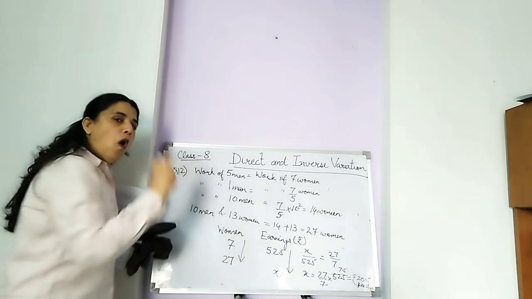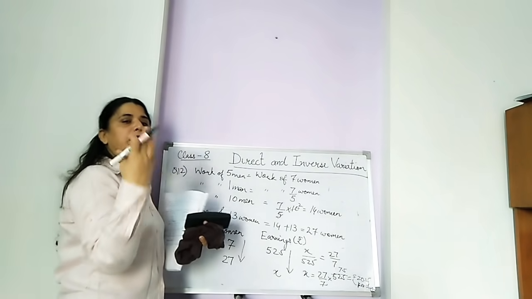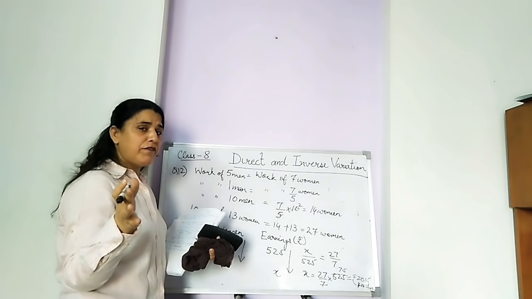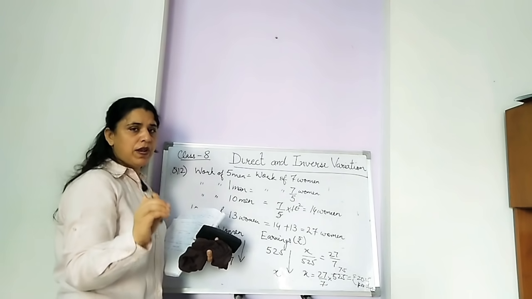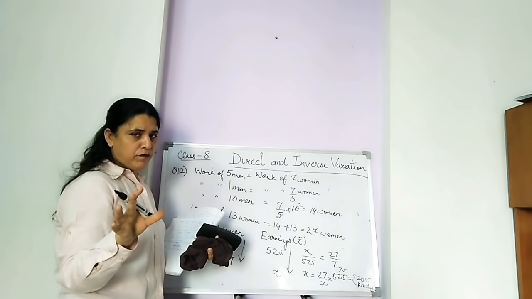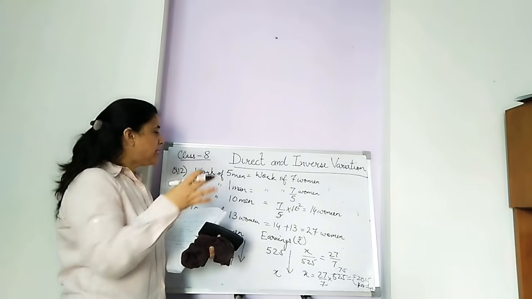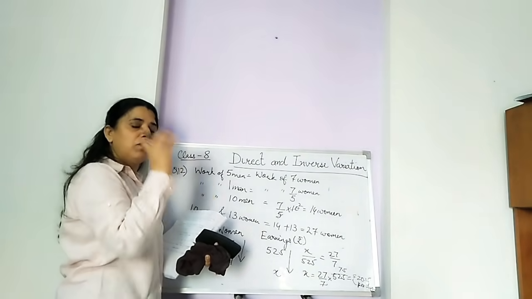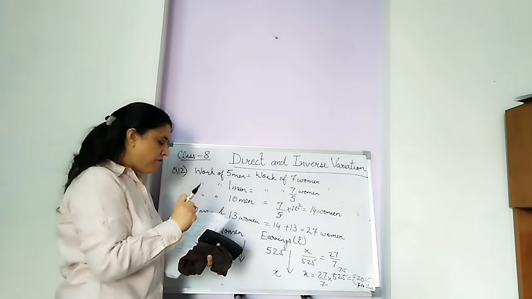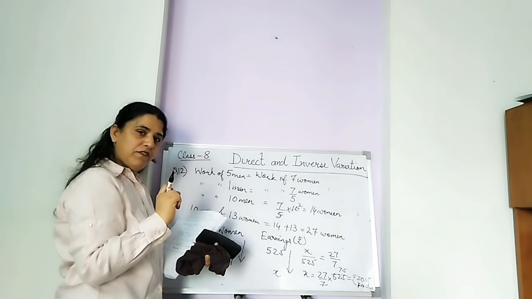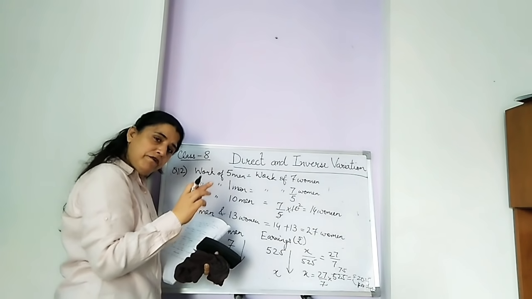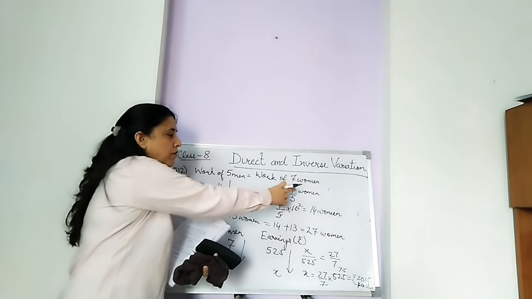Again, I am just repeating this. 5 men or 7 women earn rupees 525 in a day. So we can say that the earning of 5 men is equal to the earning of 7 women. So earning of 1 man will be equal to earning of 7 by 5 women.